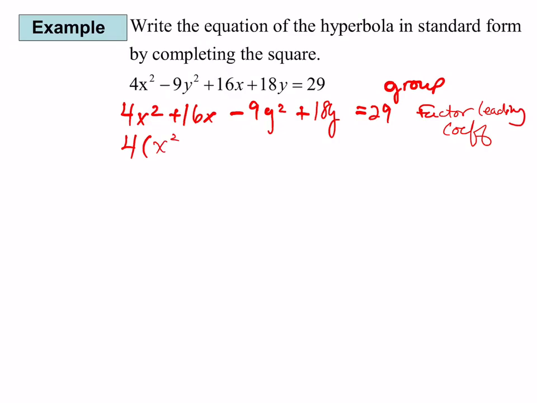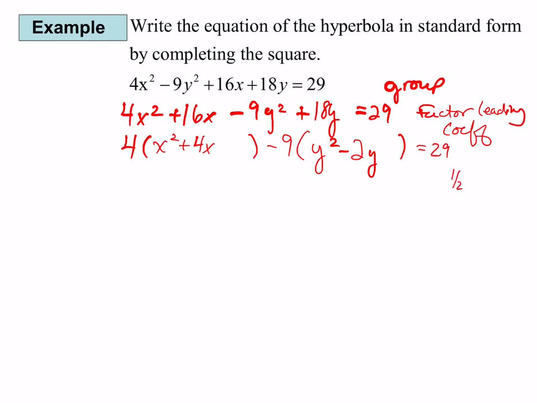So we have 4 on the x squared. Now be careful on the 9 because you're factoring out a -9, so that has to be minus 2y, equals 29.